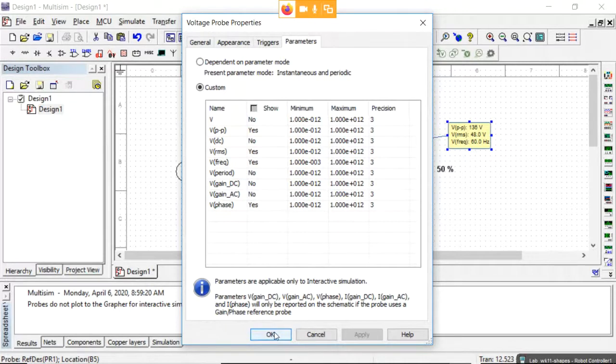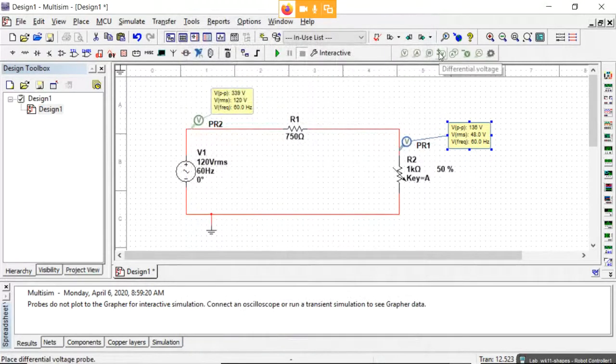I need to use a gain phase reference probe.